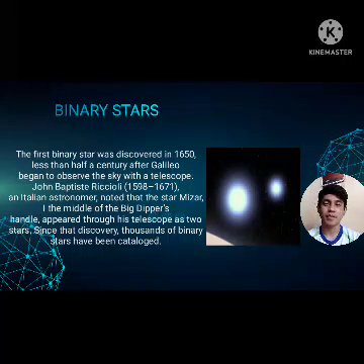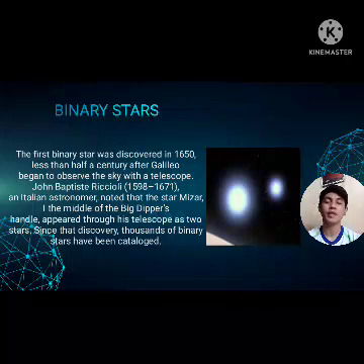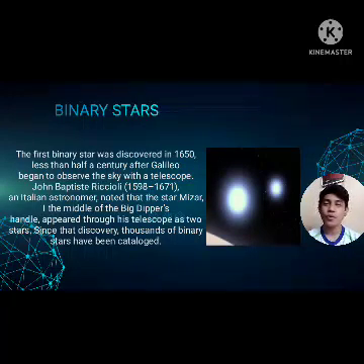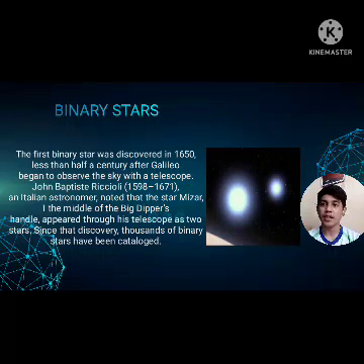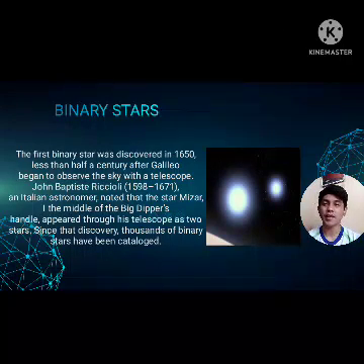The star Mizar in the middle of the Big Dipper's handle appeared through his telescope as two stars, according to the Italian astronomer Giovanni Battista Riccioli, 1598 to 1671. Thousands of binary stars have been discovered since then.